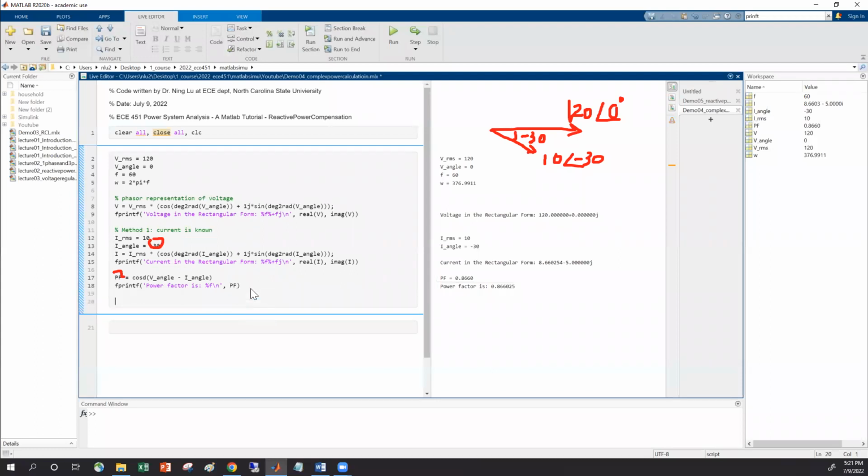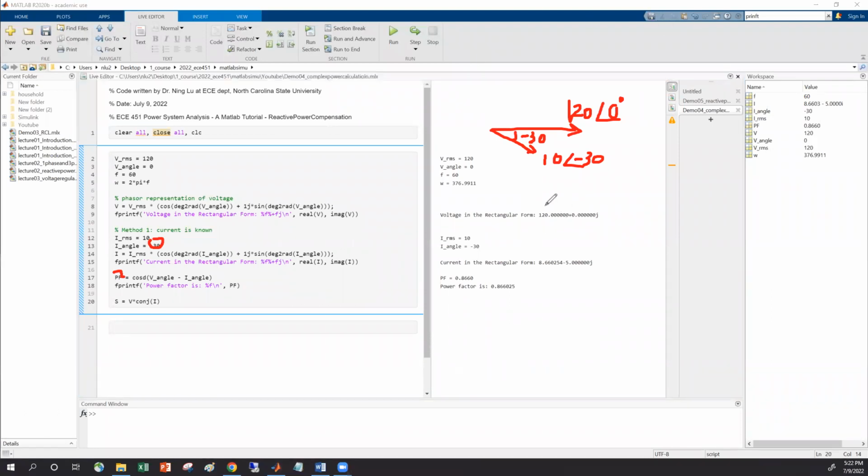Okay, so next we're going to compute the complex power, that is S. So S equals V times I conjugate, because the complex power should use the conjugate of I. This means I can't directly use this times this current.